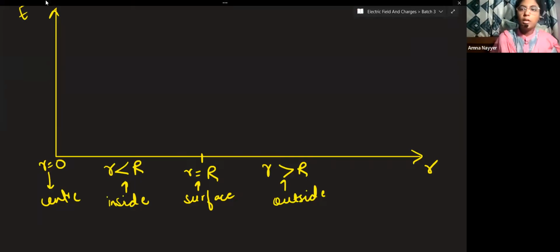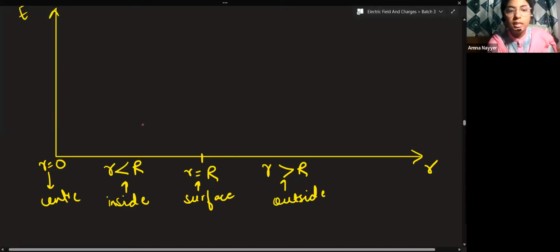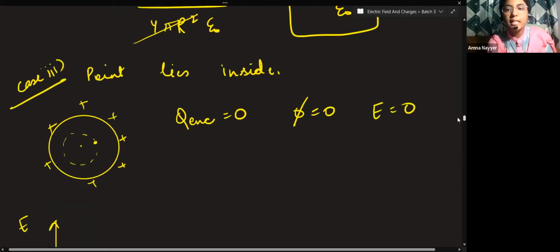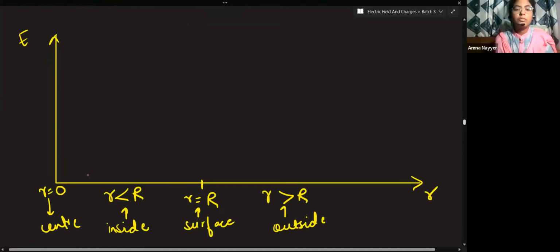Now if we plot a graph, for the first case, the inside case, the electric field is 0. So we have no value of electric field, which means on the graph we have the baseline, just coinciding with the x axis.